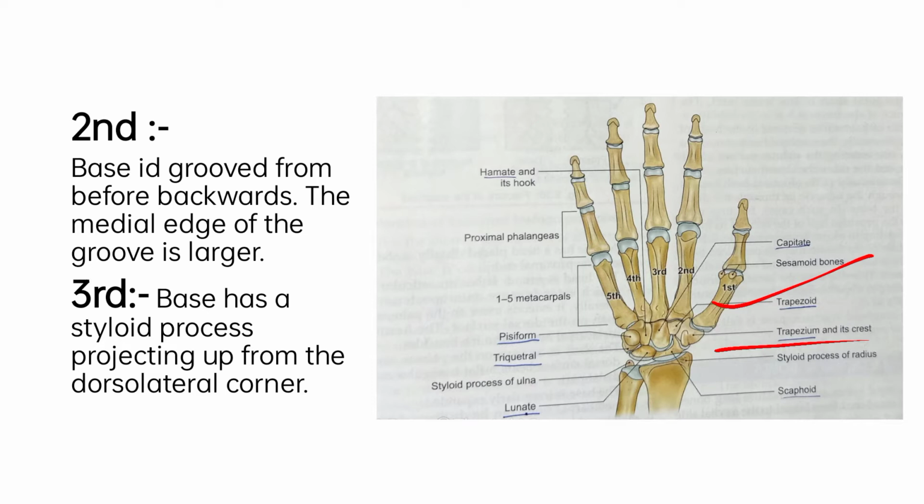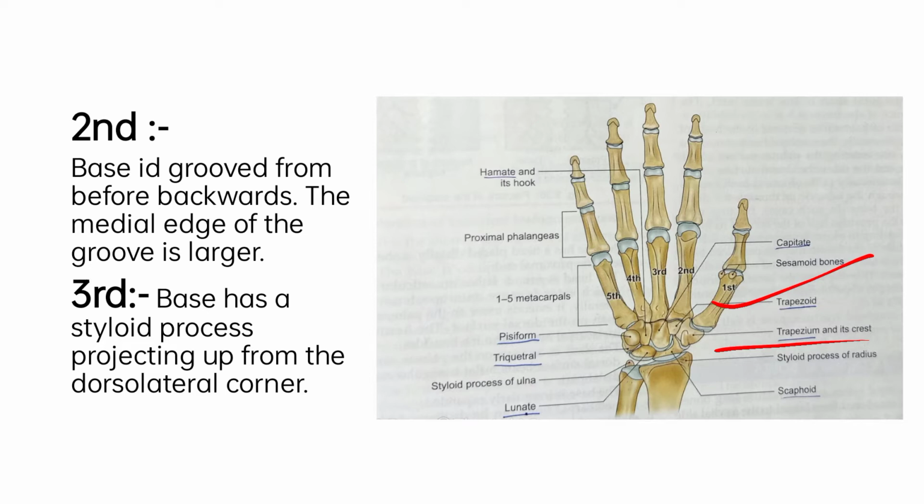Alright. The head is less convex and broader from side to side than the heads of other metacarpals. The ulnar and radial corners of the palmar surface show impressions for sesamoid bones. The first metacarpal bone is rotated medially through 90 degrees relative to the other metacarpals.